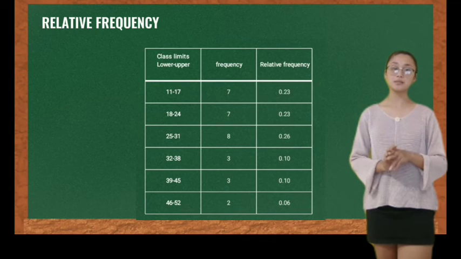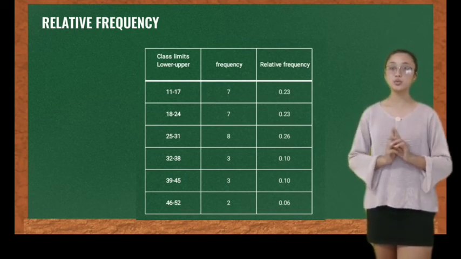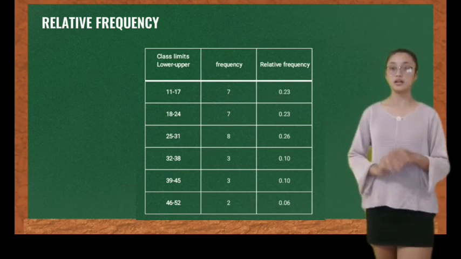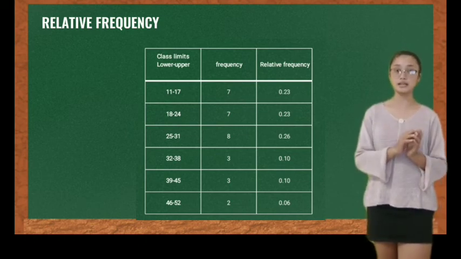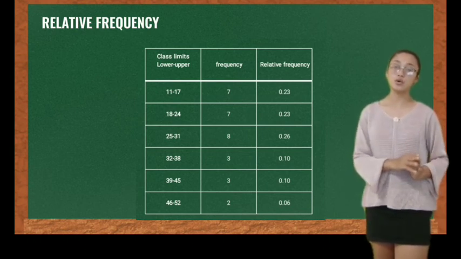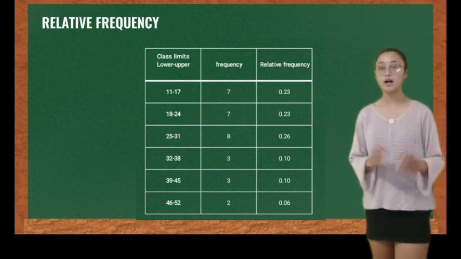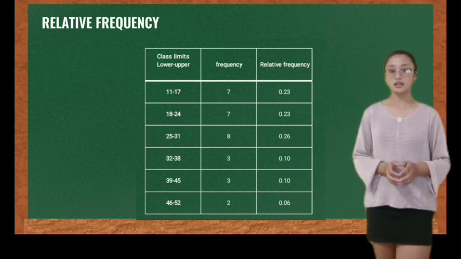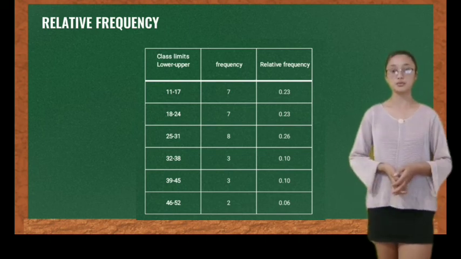Then 26% of students got 25 to 31. And the next 10% of students got a score from 32 to 38. And then also 10% of students got a score from 39 to 45. And last, 6% of students got a score from 46 to 52.